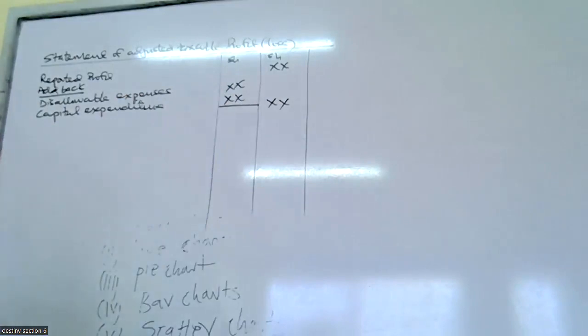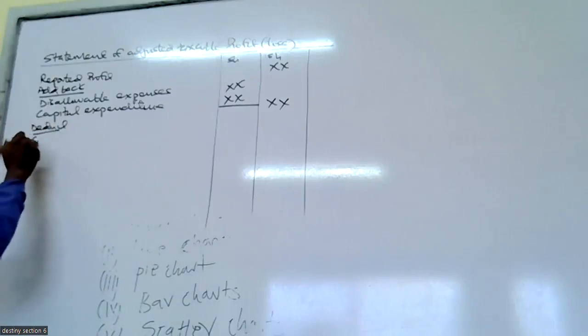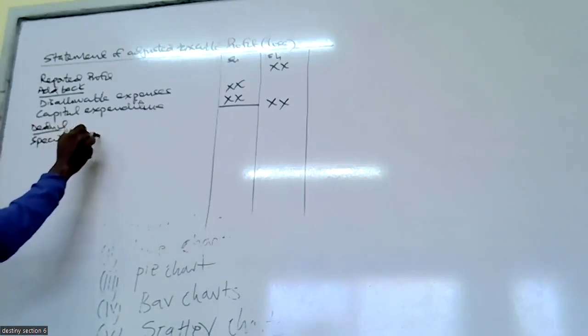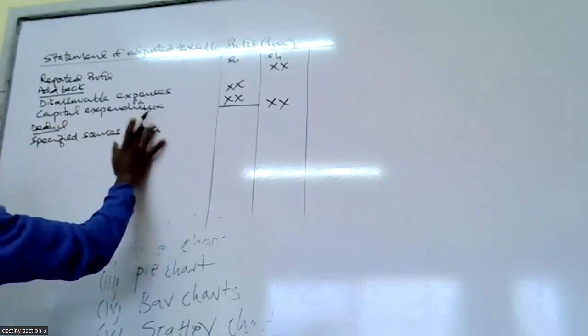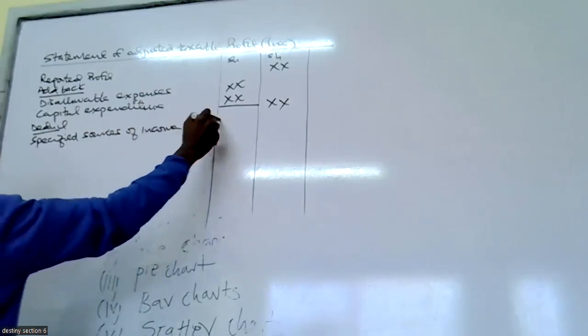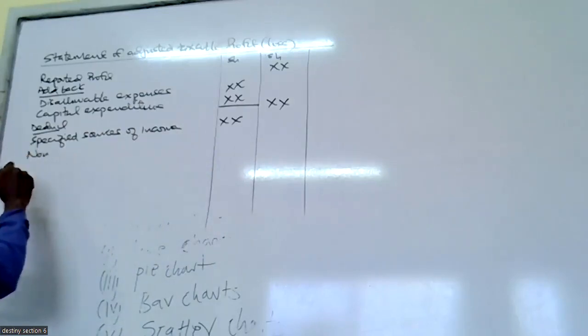Then you deduct specified sources of income. We deduct non-taxable income.